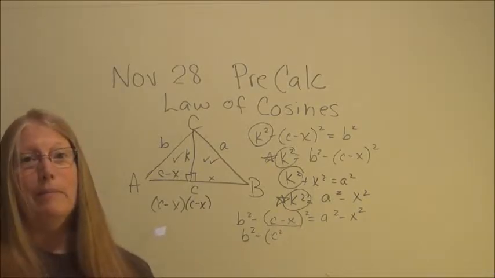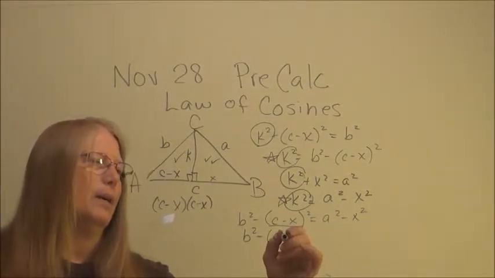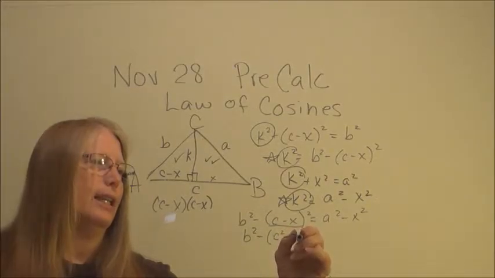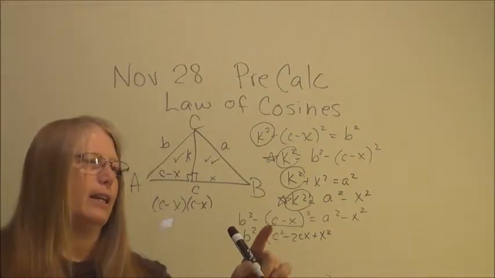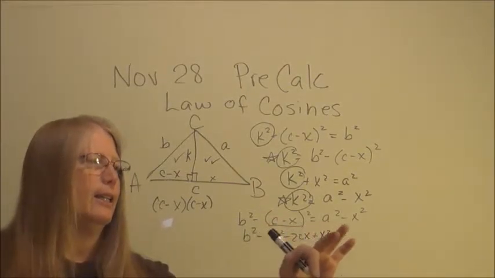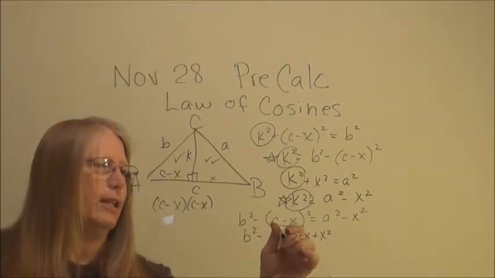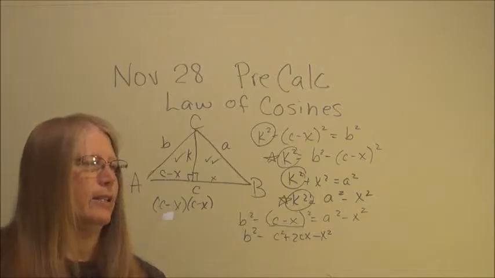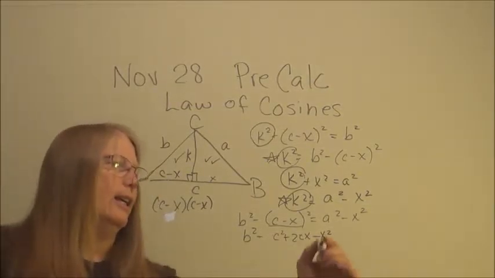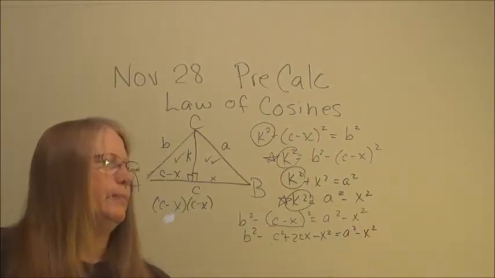You should have come to me knowing that, and it is c squared minus 2cx plus x squared. And this negative sign will come out and change everything behind it. So I will take care of that now. I changed the signs, and that equals on this side a squared minus x squared.